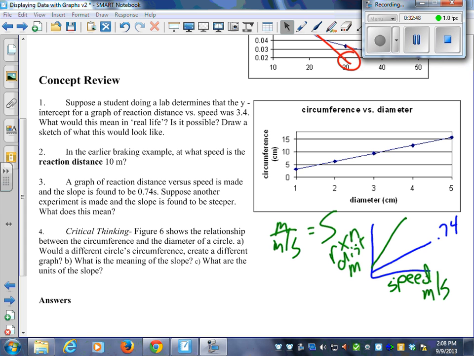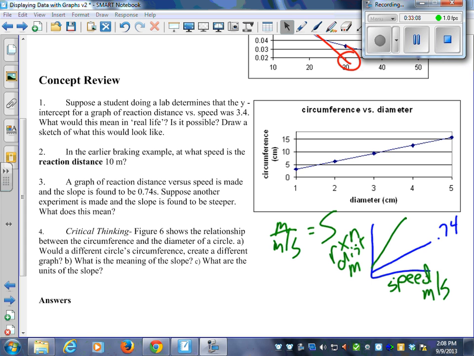This already shows a lot more than one circle. So there is no such thing as a different circle, different graph, because we're already showing tons and tons of different circles here.